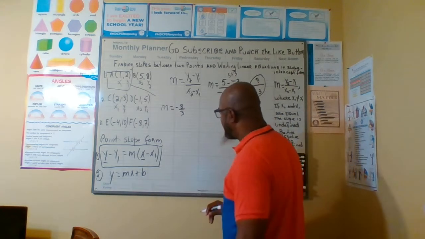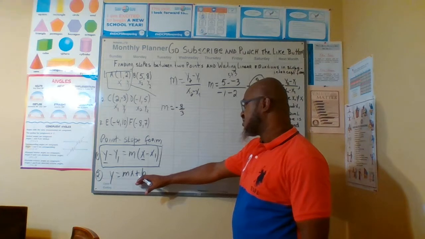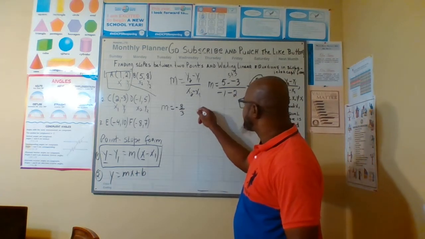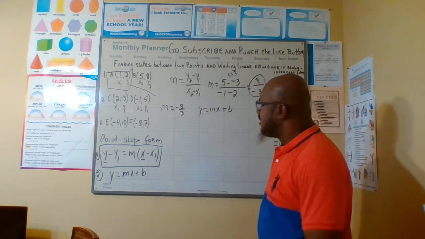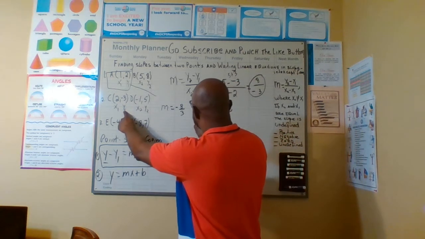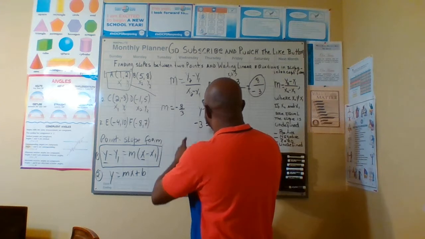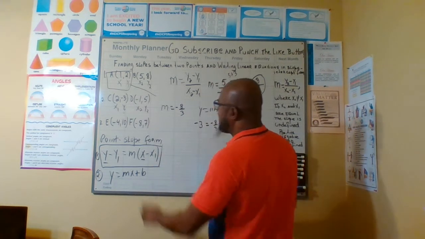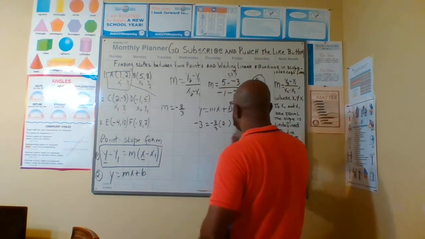And we're going to solve for b. Some of you will find this the easiest, so you will decide. So it says y equals mx plus b. In this case, this is my y, so I substitute negative 3 equals my m, which is negative 8/3, times x, which is 2, plus b.